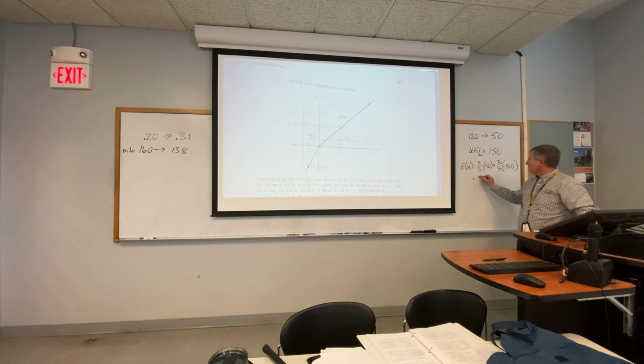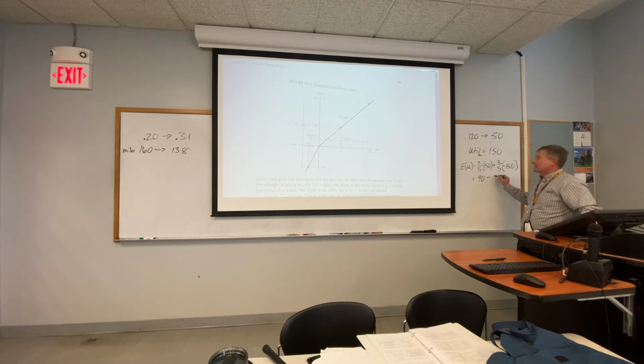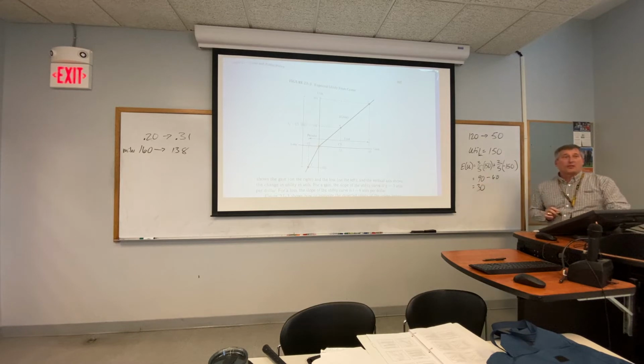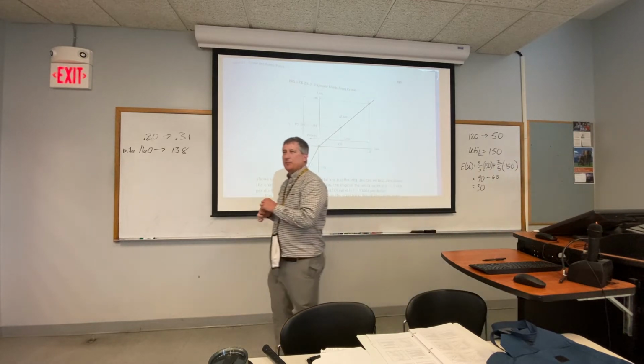90 minus 60. What's the minus for? Oh, you're doing the full thing here. 90 minus 60, okay, gotcha. So we get 30 units of expected utility now, right? So 30 units of expected utility.